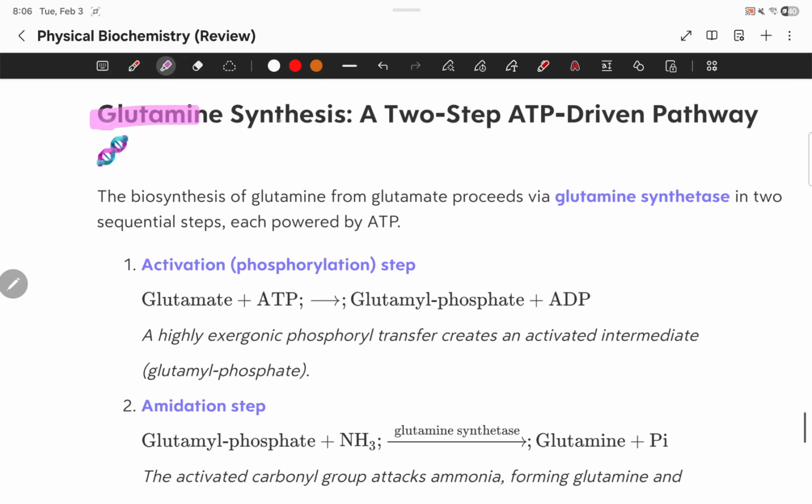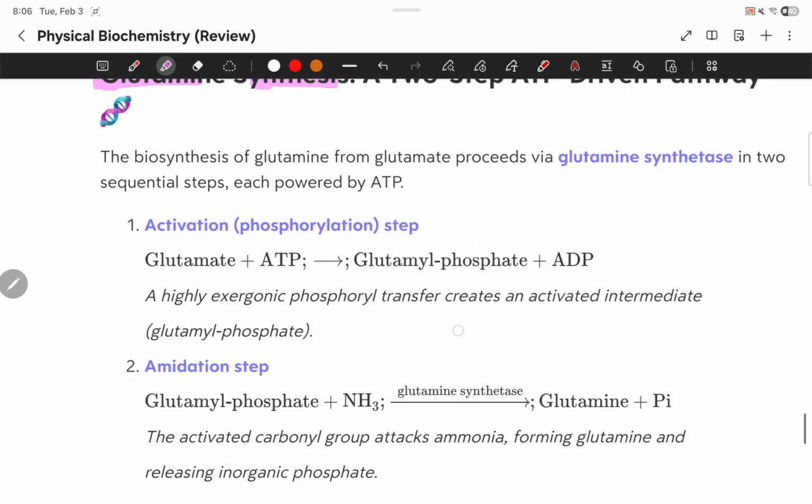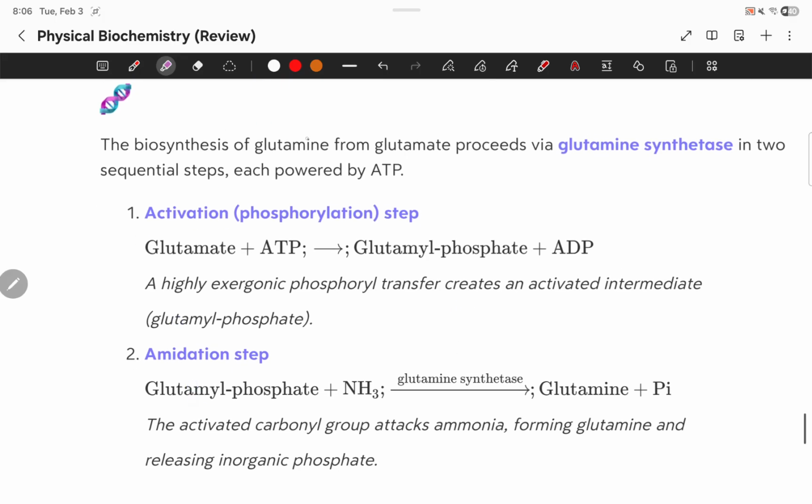Now, glutamine synthesis, a two-step ATP-driven pathway. Biosynthesis of glutamine from glutamate proceeds via glutamine synthetase in two sequential steps, each powered by ATP.